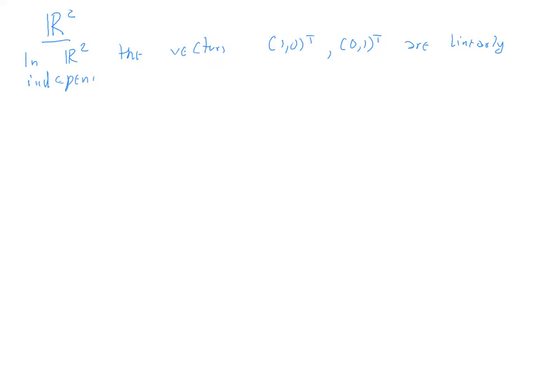Why? What would it mean for two vectors to be linearly dependent? It would mean that one of them can be written as a linear combination of the other one. What do I mean by linear combination of one vector? Can anybody tell me what I can possibly mean by linear combination of one vector?